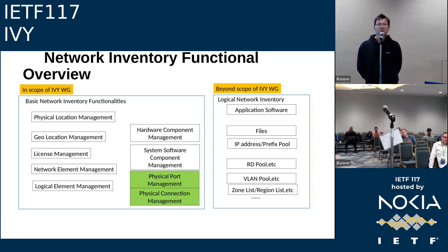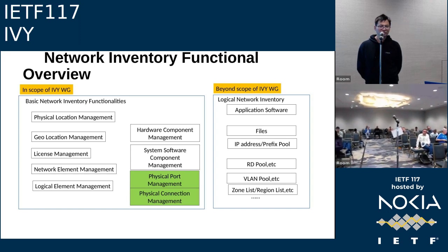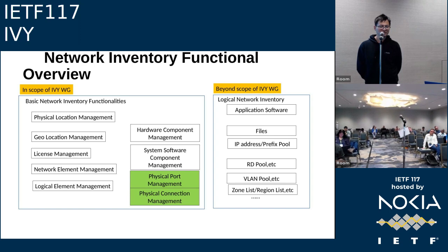In addition, I might respond to Ahmed. In the previous slide I gave the overview: the system software and also system inventory are part of network infrastructure. Limiting to the hardware is maybe a good starting point, but based on the IV scope, both software and hardware need to be modeled.